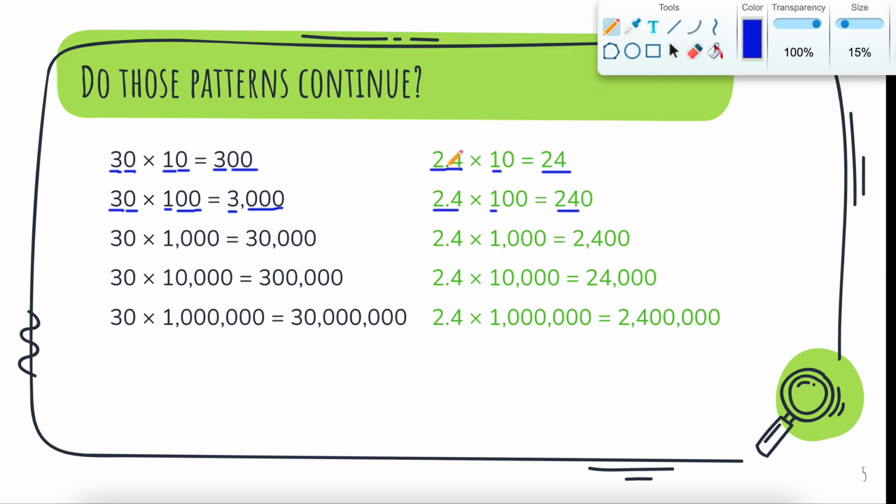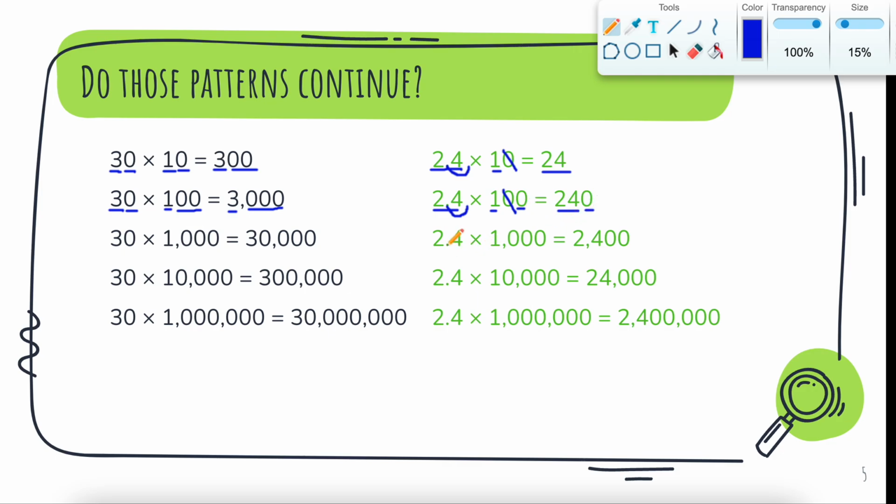So it's like the first thing we need to do is move this decimal backwards to make 2.4 into a whole number 24. That uses up that 0. So that's why our product here is 24. So here, if I move this place value back to make it a whole number, that uses up my first 0, and now I have 1 zero left.